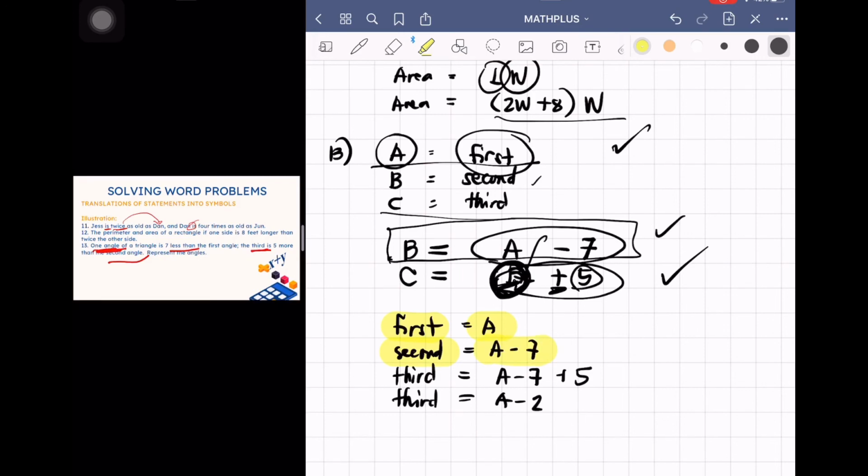And then we were able to simplify the third angle to be represented by a statement that contains A as a symbol. So, lahat ng ginamit nating symbol ay A. So, yun yung target natin, that when we represent, you'd be able to represent them using just a single variable so that it will be easier for us to work on our solution. And that is how you solve worded problems. We have to practice on the translations.